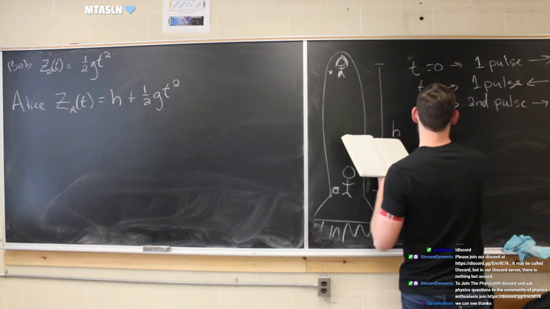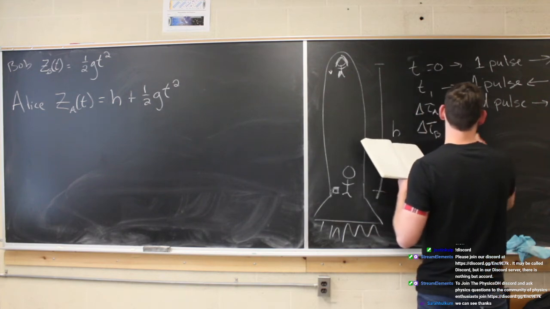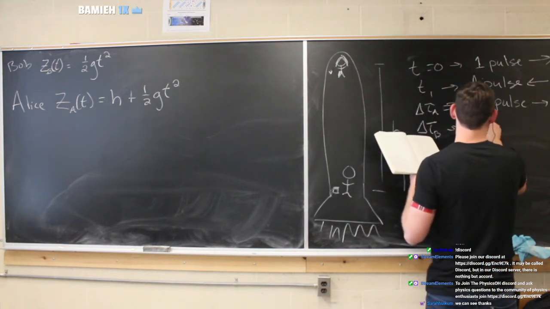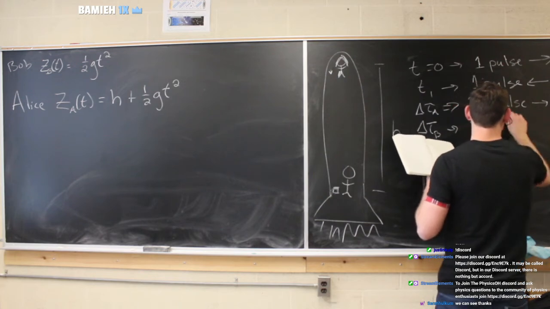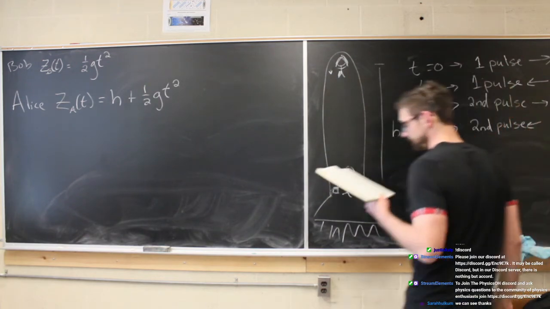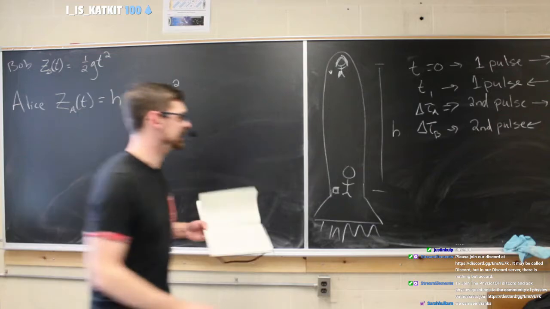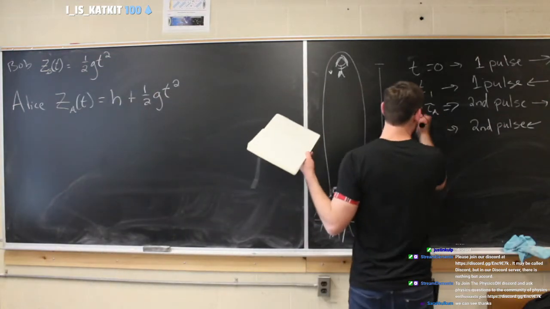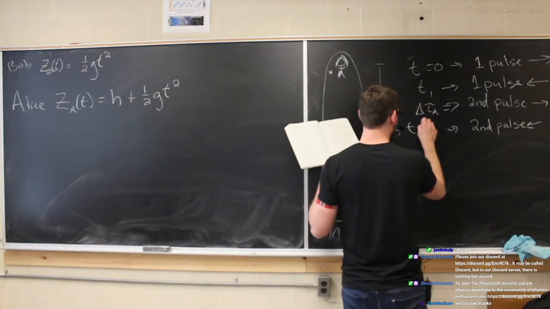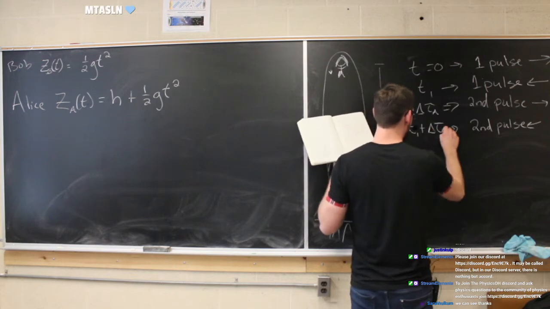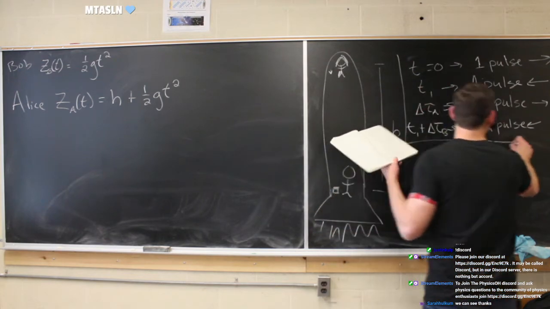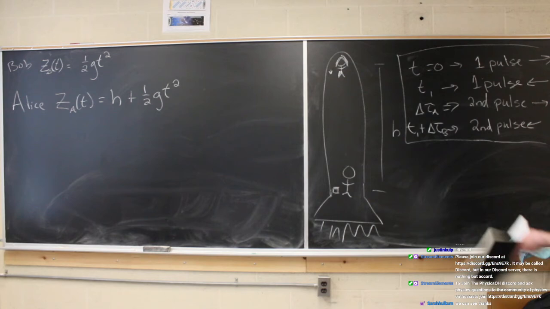And delta tau B is when the second pulse is received. Actually, this is going to be t1 plus delta tau B. That's the time the second pulse is received.